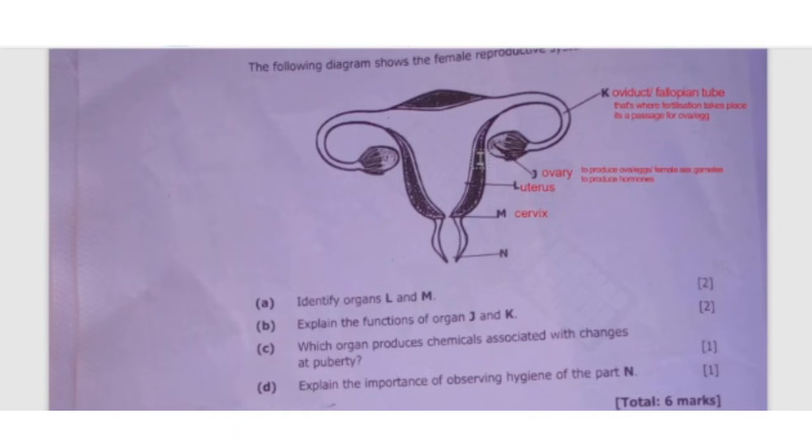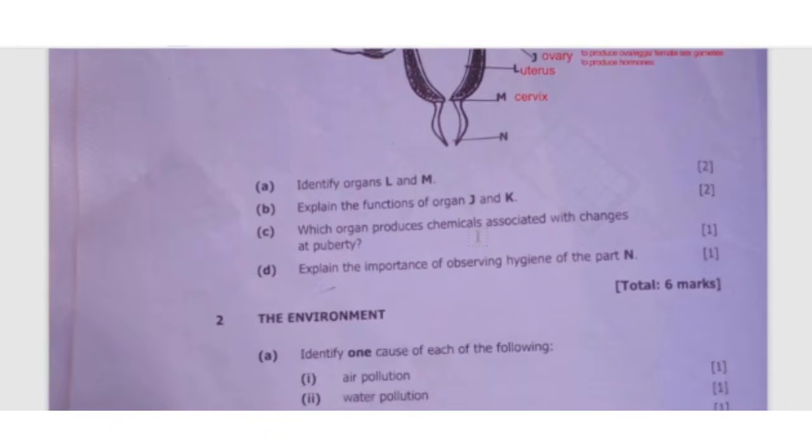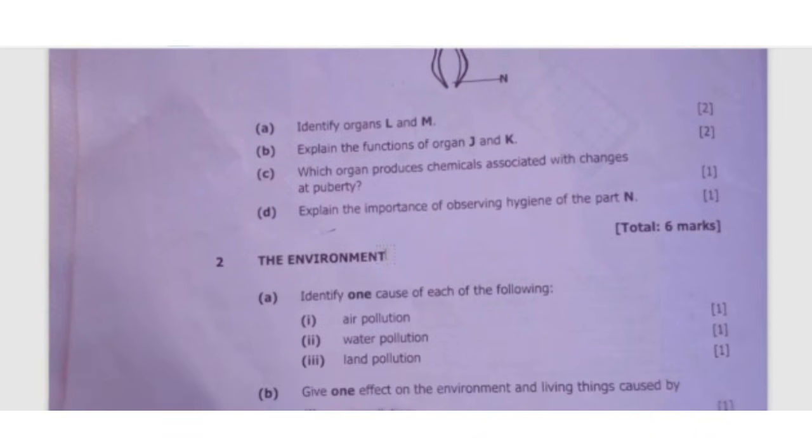I have heard of situations where the oviduct is blocked and they go for medical attention and unblock it, and then they will bear a child. So there are certain biological errors that can happen in the human body, like blocking the oviduct.